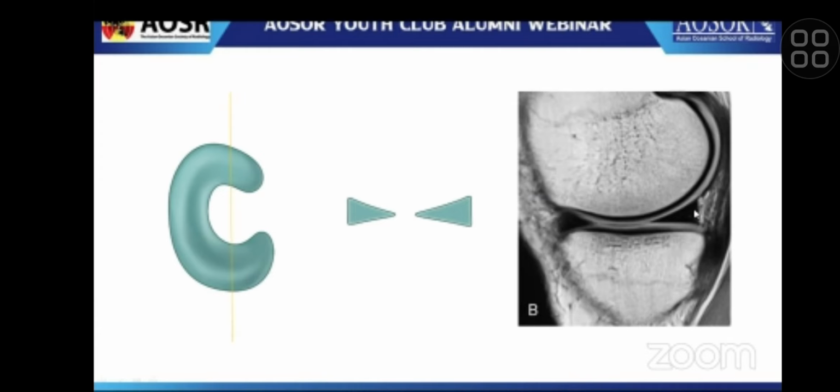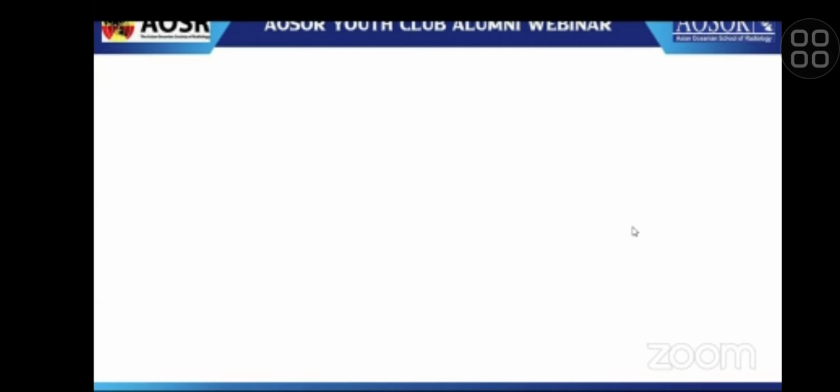The posterior horn of the medial meniscus is always bigger than the anterior horn. The anterior horn and posterior horn of the lateral meniscus may be the same size, but the posterior horn of either meniscus should never be smaller than the anterior horn.